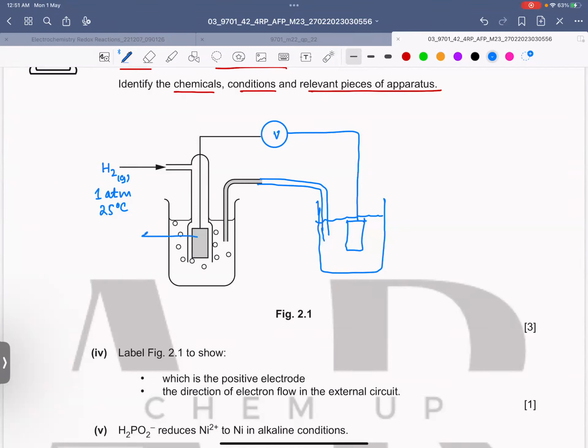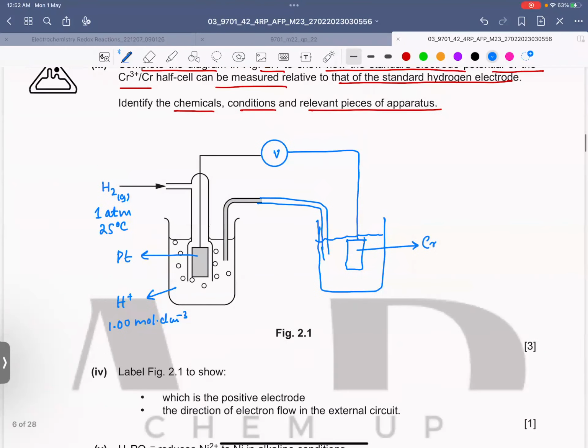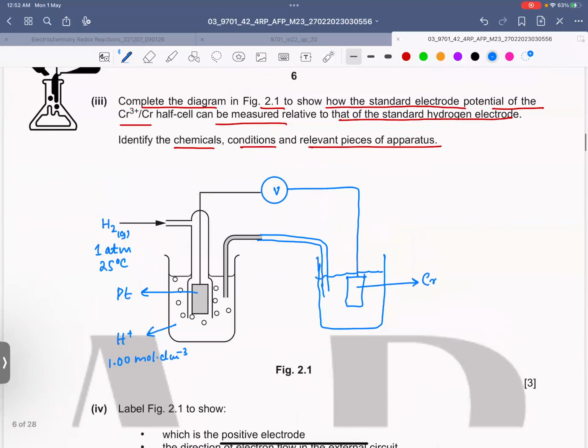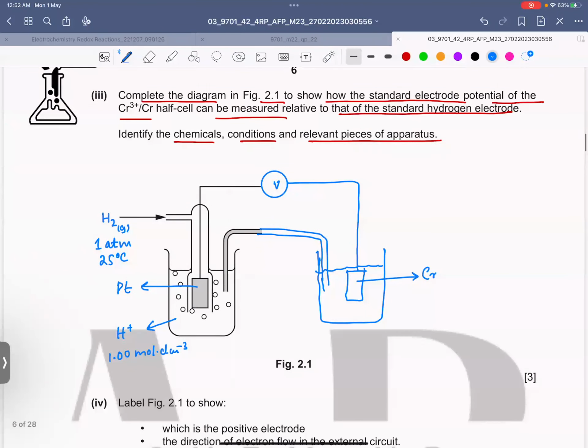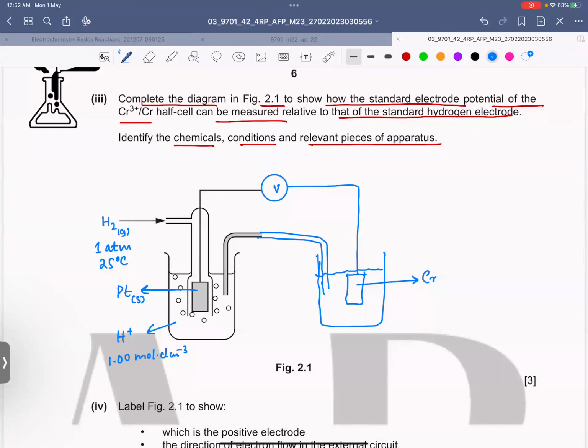So here hydrogen gas is being introduced, so this electrode must be platinum. And in the electrolyte, we have hydrogen ions with 1 mole per dm cube concentration. Here, the electrode is chromium because we have chromium and chromium 3 positive ions. So it must be chromium.